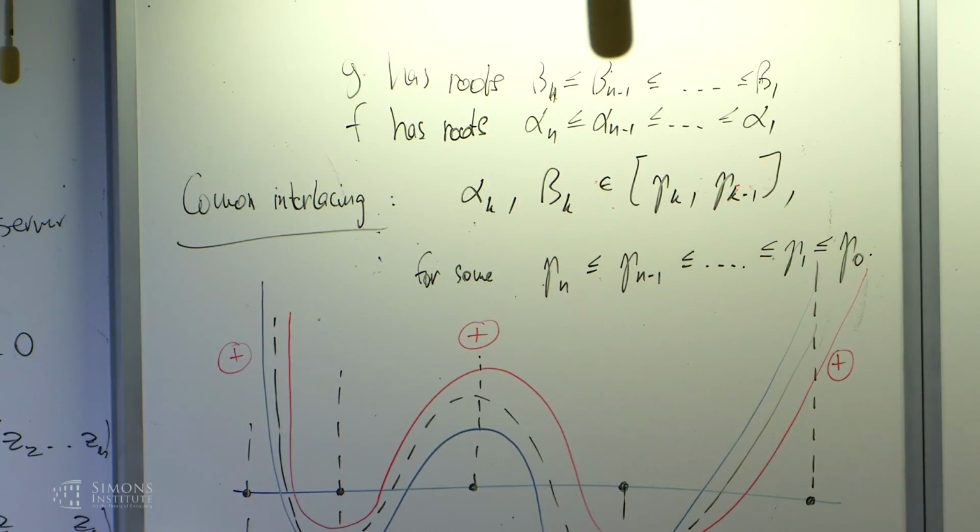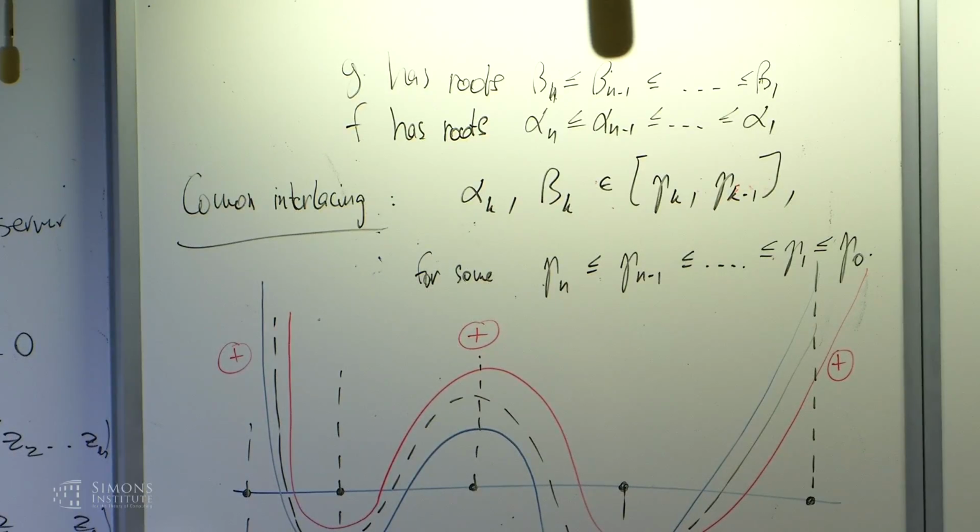If you assume that f and g have no common roots, all the gammas are distinct, right? These are two different things: common roots and multiple roots. I agree. So if f and g have no common roots, then all the gammas are distinct.